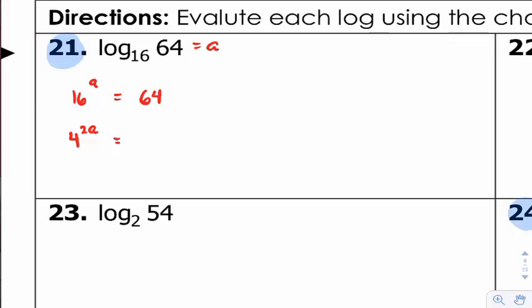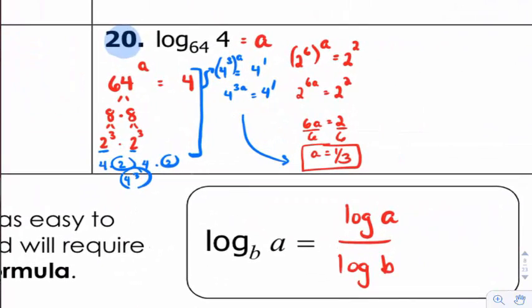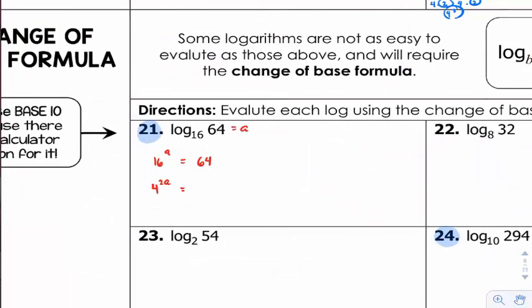And 64, we just discussed, is 4 cubed. When these bases are equal, you're fine. You can go 2a equals 3, and I can find a.